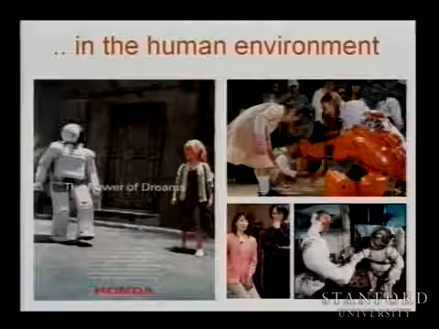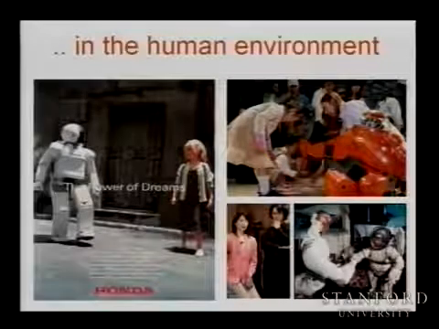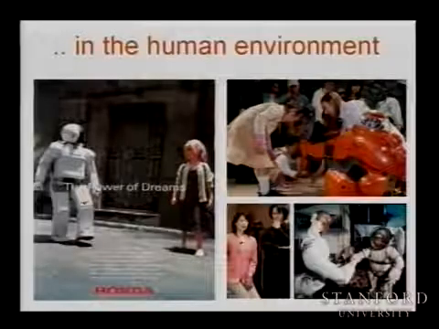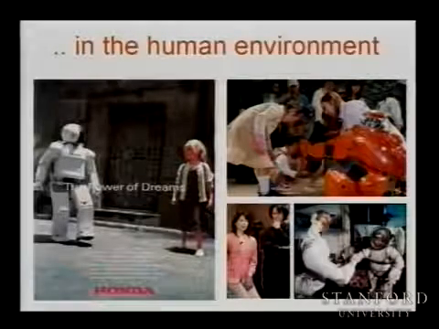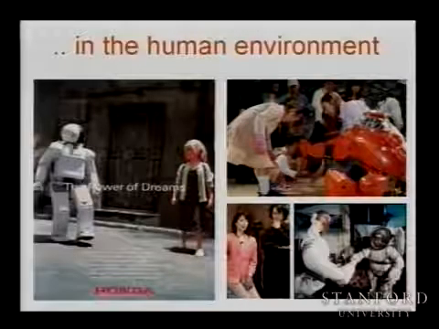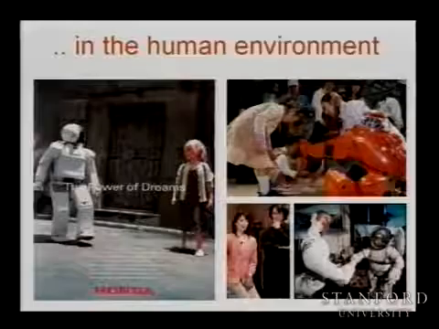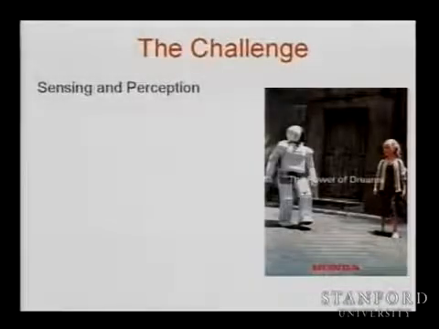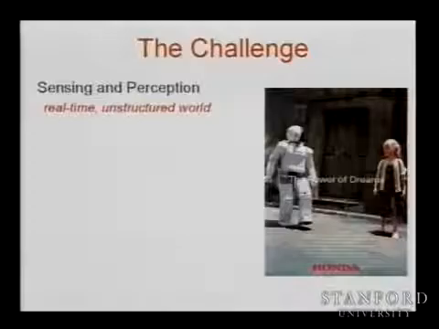Here the problem is we need much more intelligence in the robot to deal with many things that are not known in advance. You need to perceive the environment quickly, respond and react to everything that is happening, and you need to be also moving safely. So those challenges bring the perception and sensing issues that we need to deal with in an unstructured environment.